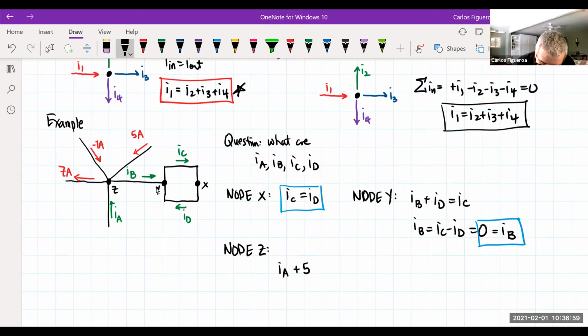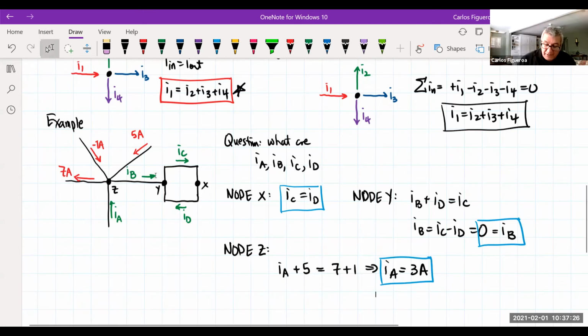So then I have IA plus 5 coming in, but then I really have 7 plus 1 going out. So you can see here that IA has to be 8 minus 5, so it must be 3 amps. And that's my preferred way of applying KCL to get currents at the nodes, coming in or out of nodes.